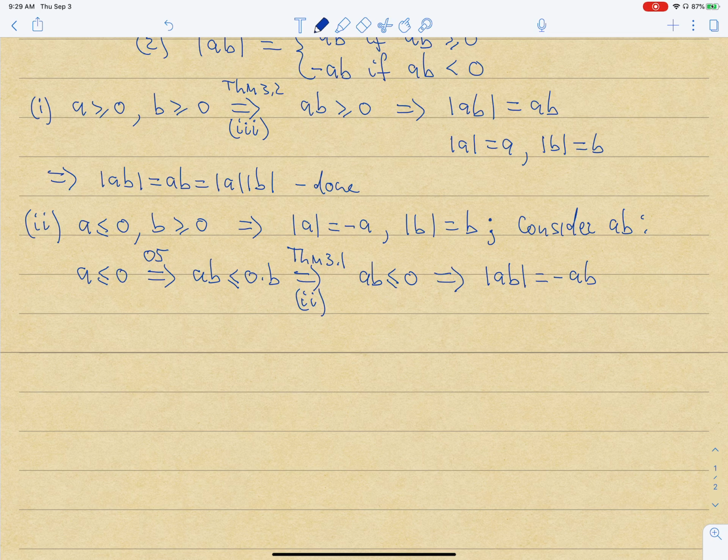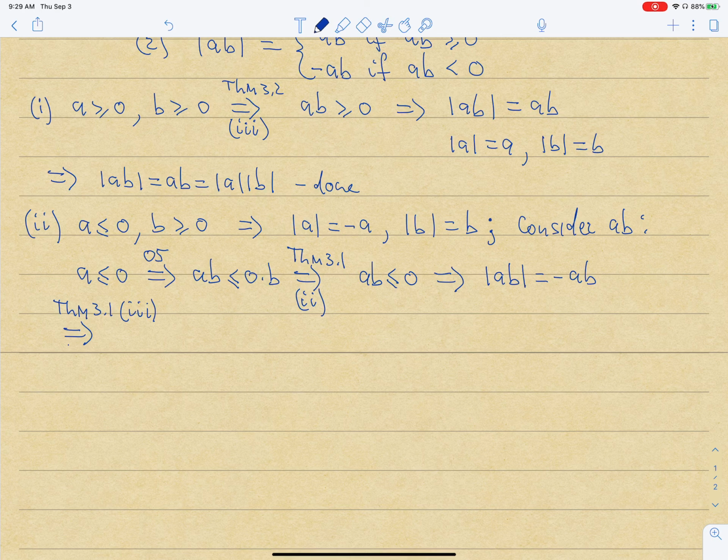And then in addition to that, again from theorem 3.1, item number 3, what do we know?